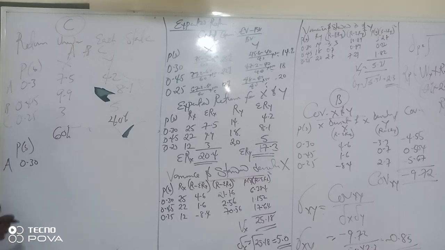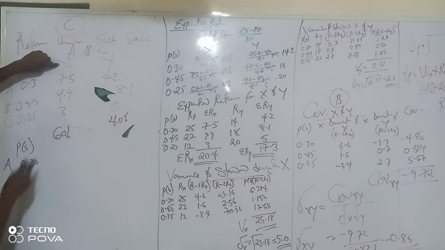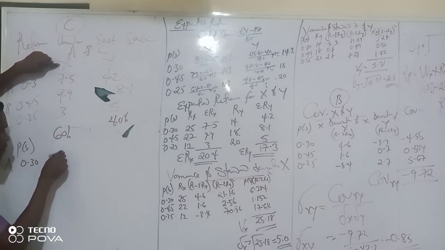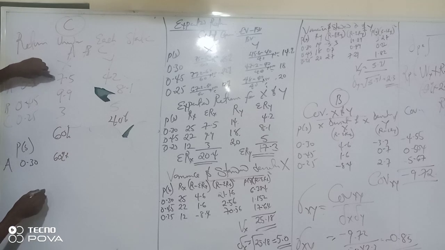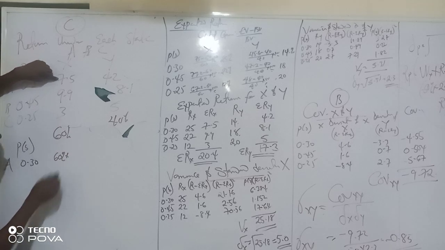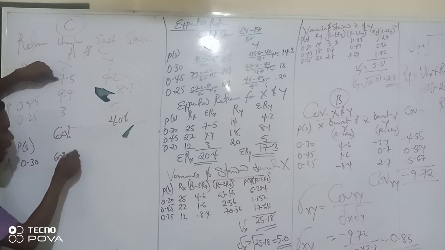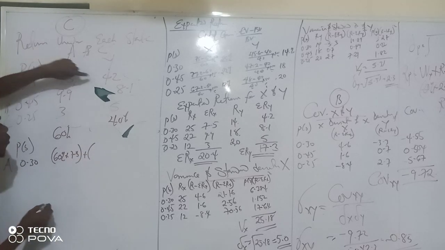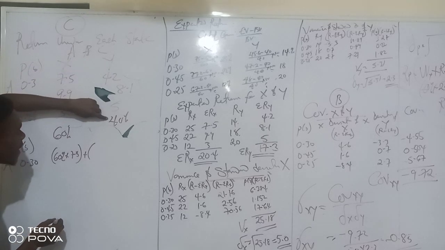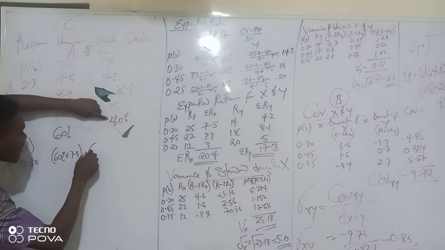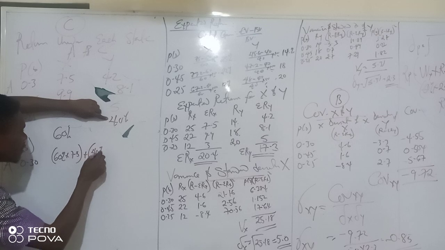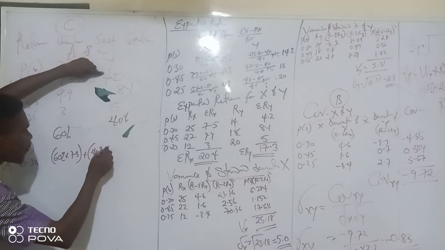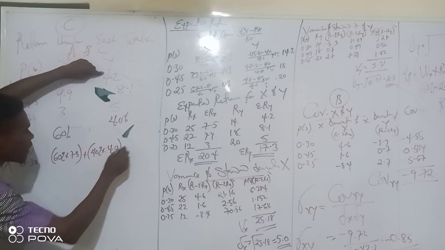The weight of X is 60%, so that is 60% times the return on that state, 7.5, plus the weight of Y, 40%, times the return on that state, 4.2.